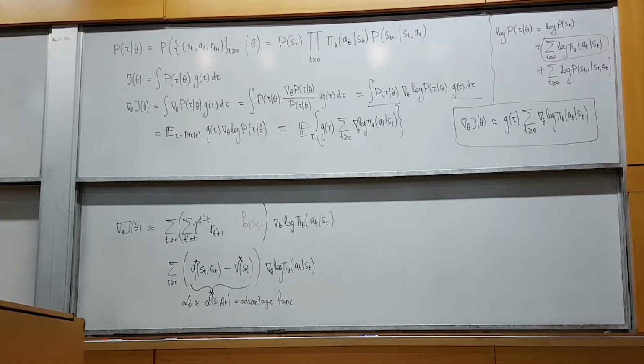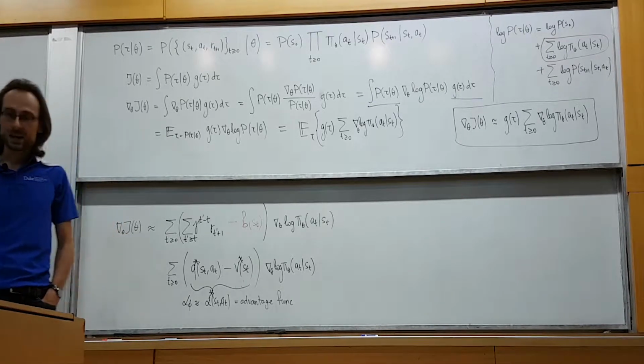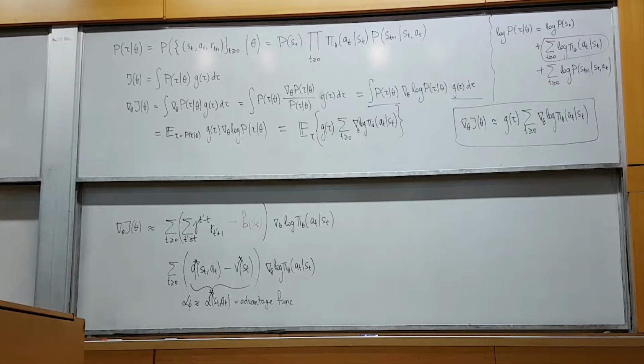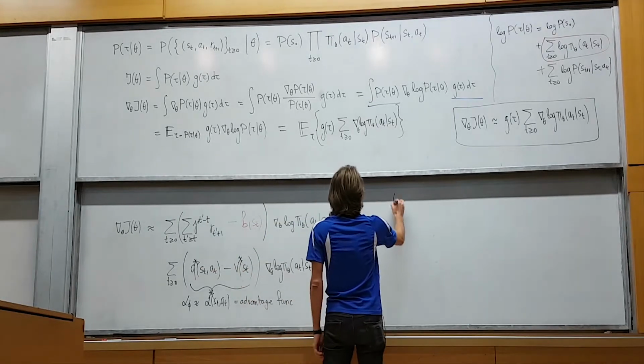So basically, I have two learnable pieces in this system. I have the policy that is parameterized by the parameters theta that I'm learning, and I have the advantage function, the value function essentially, also a neural network parameterized by another set of parameters phi, that I'm learning simultaneously. And this leads to a reinforcement learning strategy called actor critic.